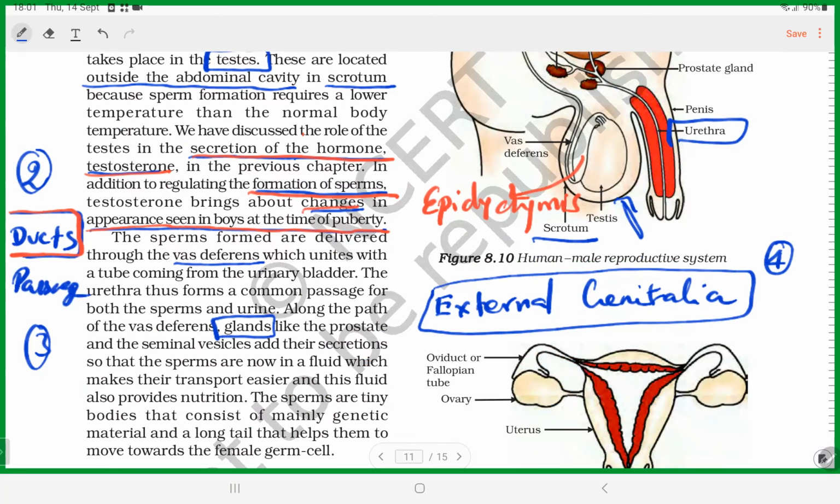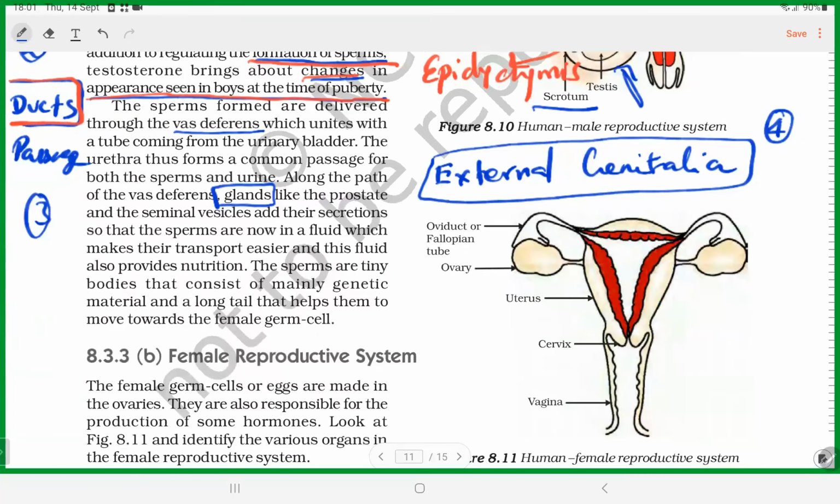The third component is the glands. There are three types of glands: the seminal vesicle, the prostate gland, and one more gland, the bulbourethral gland.